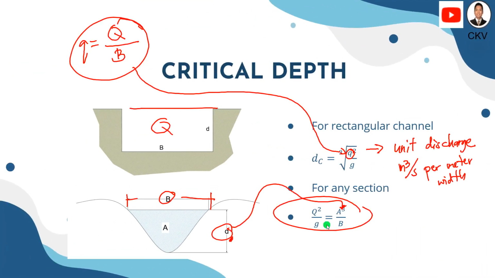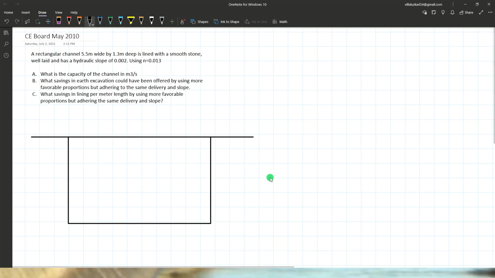Okay, so let's now solve some problems. Sample number 1. This is CE board May 2010. A rectangular channel 5.5 meters wide and 1.3 meters deep is lined with smooth stone, well laid, and has a hydraulic slope of 0.002.